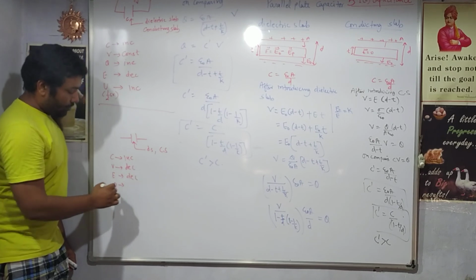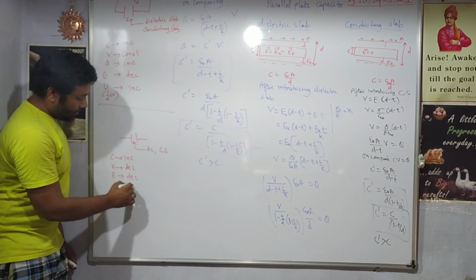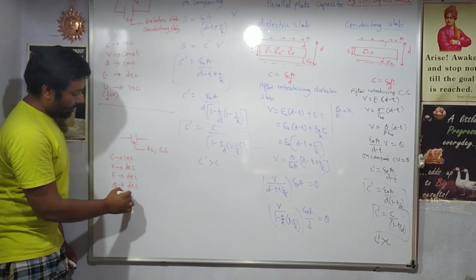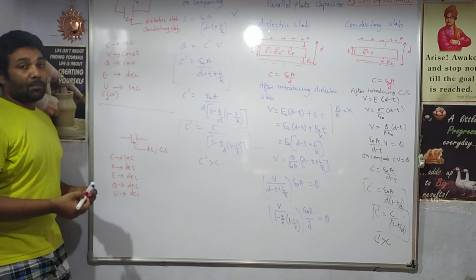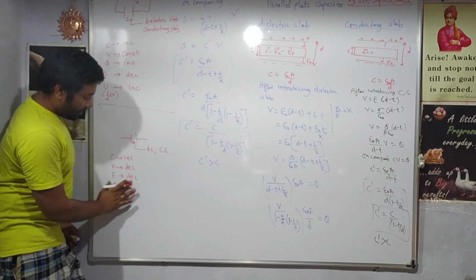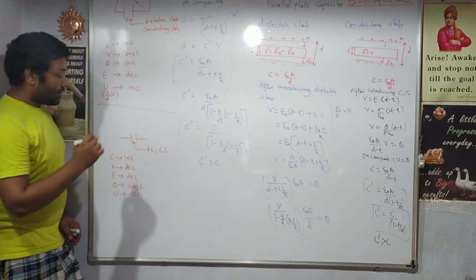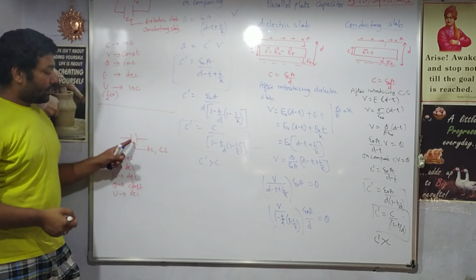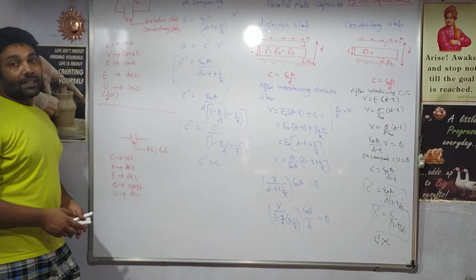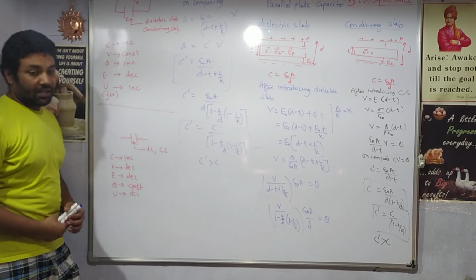What will happen to the charge? Charge remains constant, since charge is not lost, not gained. And ultimately energy will decrease. So this is what happens when a conducting slab or a dielectric slab is introduced inside the capacitor.